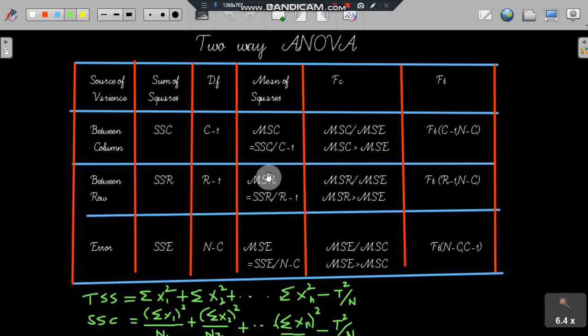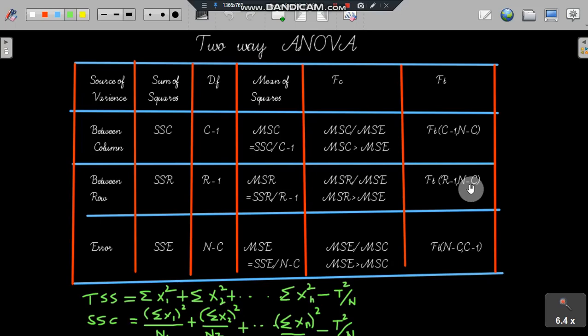Similarly row wise, if MSR is greater than MSE, this is numerator and this is denominator. In the first place we write the numerator degrees of freedom, and here we write n minus c. Suppose this is greater and this is lesser, then n minus c we write first, then r minus 1 here.